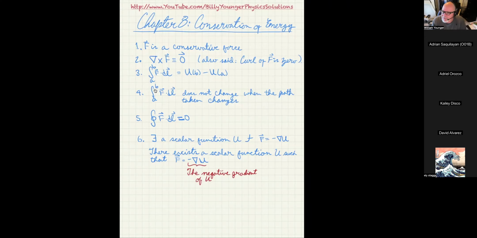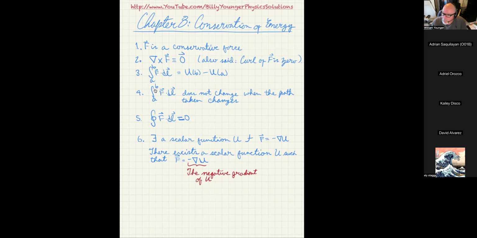But it specifically says, hey, there is a scalar function that you can use instead of dealing with the vectorness of nature. There's a scalar function that you can use as a stand-in for this force F, and that scalar function is what we're going to call our potential energy U.